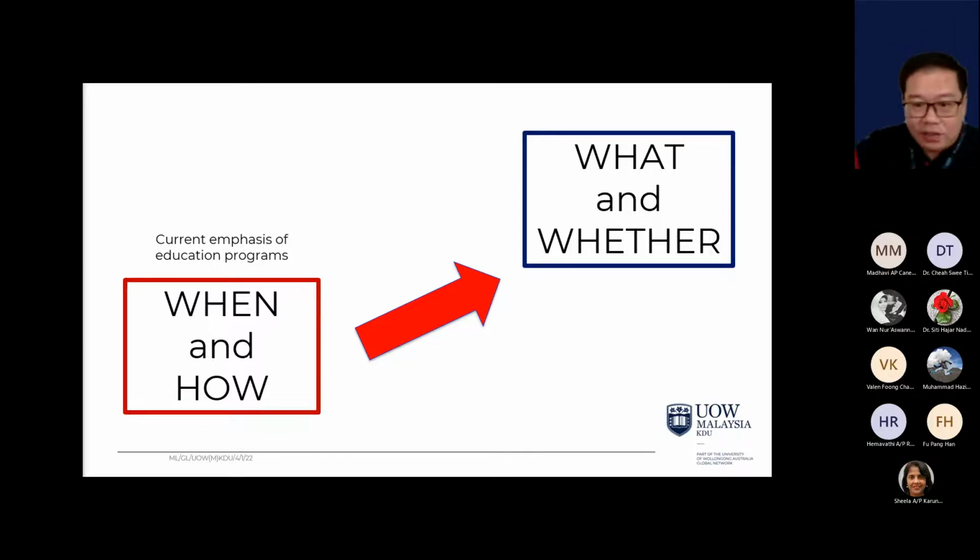Betul kan? You have 11 subclusters. All of you are experts in this. All of you are teachers. All of you are facilitators. When you teach, when you have your programs, there are the 11 subclusters. So ask yourself at the end of the day, when the students graduate, do they meet those 11 subclusters or not? Now, it doesn't mean it is divided equally.